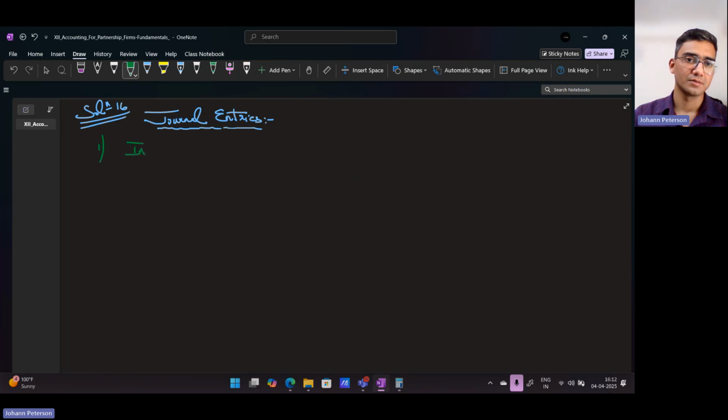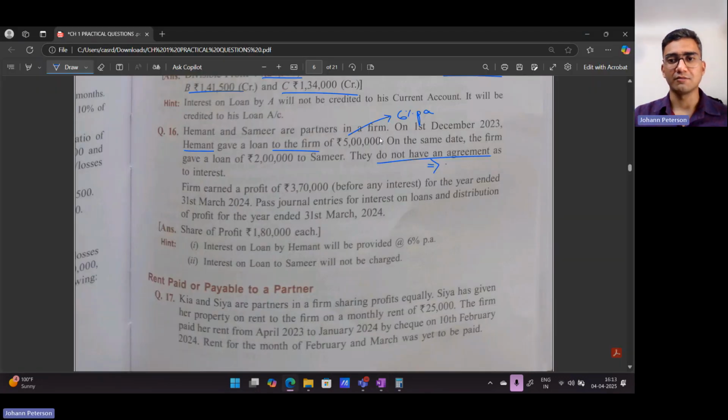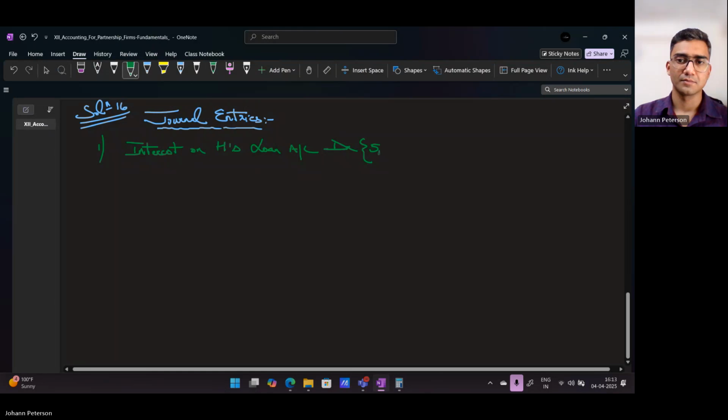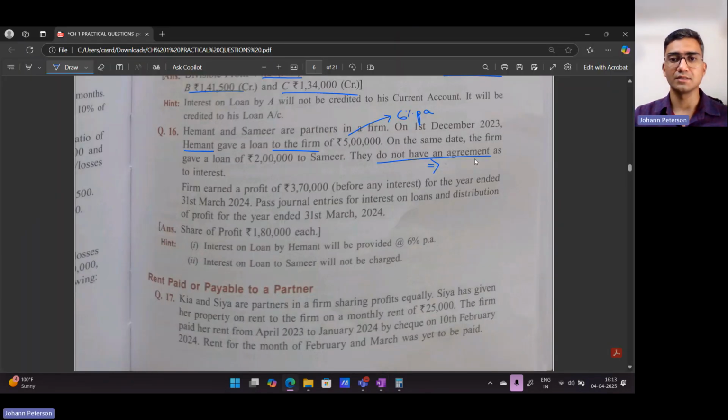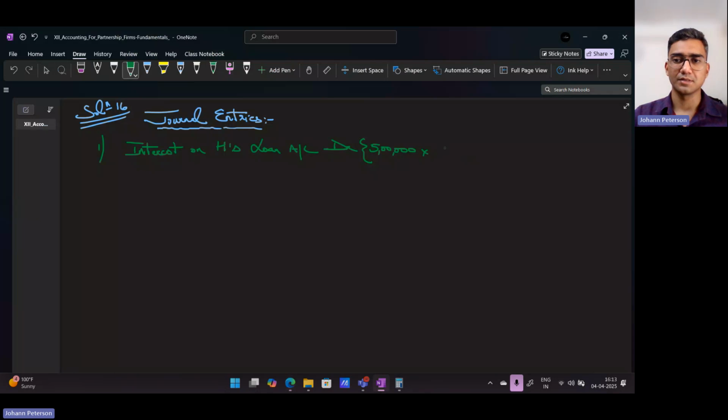So interest on H's loan account debit, because this is our expense. We have taken a loan of 5 lakh into the rate. The rate is 6%. So 6 upon 100 into 4 upon 12.